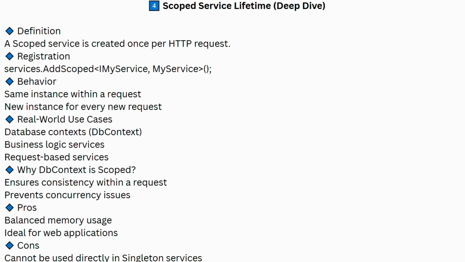Think about it, if you have created your DB context as transient, what will happen? If DB context is executing operations at multiple levels, like it is performing a table 1 operation and then a table 2 operation, then the table 1 operation will be performed by a different instance and the table 2 operation will be performed by a different instance.